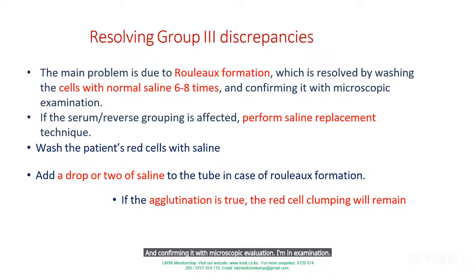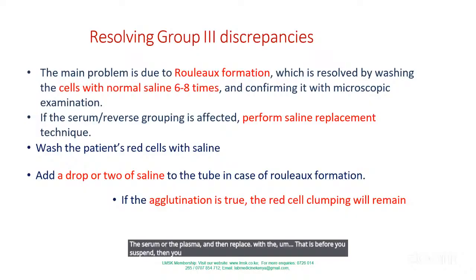So if the serum stock reverse grouping is affected, perform the saline replacement technique. In the saline replacement technique, after centrifuging, you are doing your ABO blood grouping. So you put your cells, you put your serum or plasma. Those buttons of cells, you carefully replace the serum or the plasma, that is before you suspend, with saline.